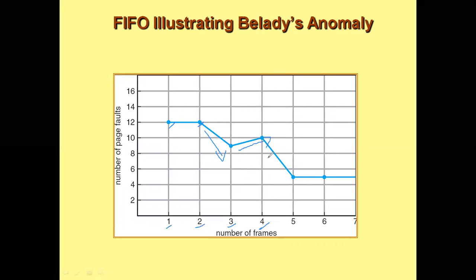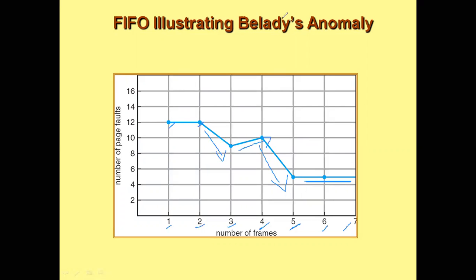So this is Belady's anomaly. Now again you have increased the frame size and the page faults have decreased, again a good sign. But thereafter, even in spite of increasing the frames, the number of page faults is consistent. So this kind of feature in FIFO is called Belady's anomaly.